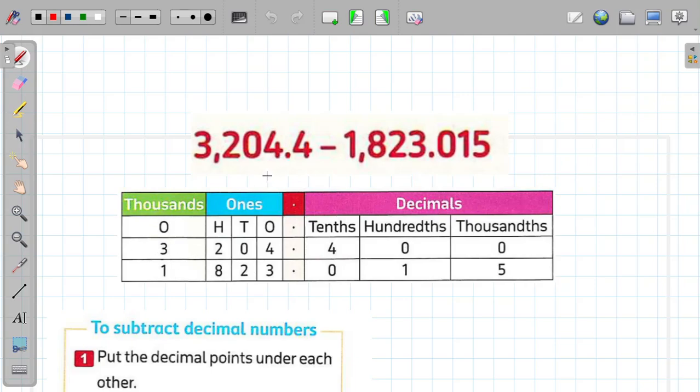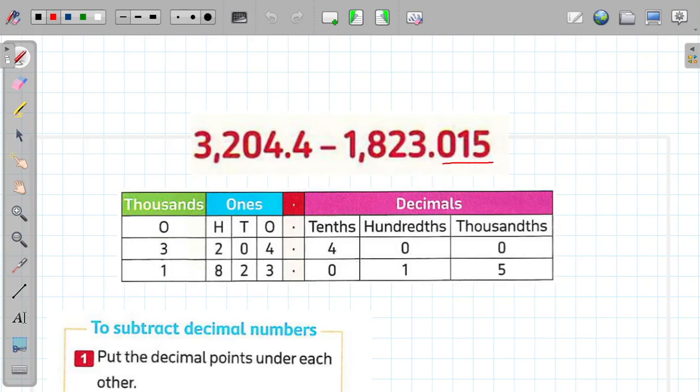I will represent every number and every digit of the number in its own place. So I have 3204.4 with 4 ones and 4 tenths. But I don't have 2 zeros here. I put 2 zeros here to make the 2 digits equivalent.